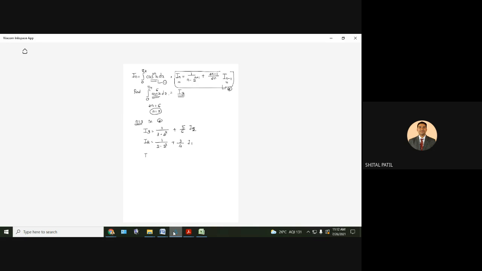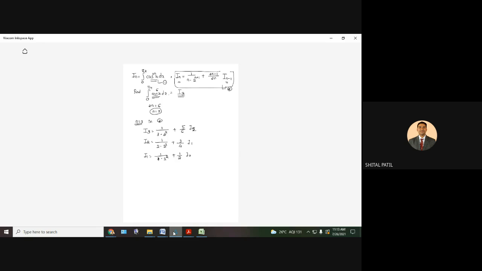So again you substitute n equal to 1 in above formula. So 1 upon 2, 1 into 2 raised to 1 plus 1, 2, plus n equal to 1, so 2 minus 1, 1, 1 divided by 2, I naught.